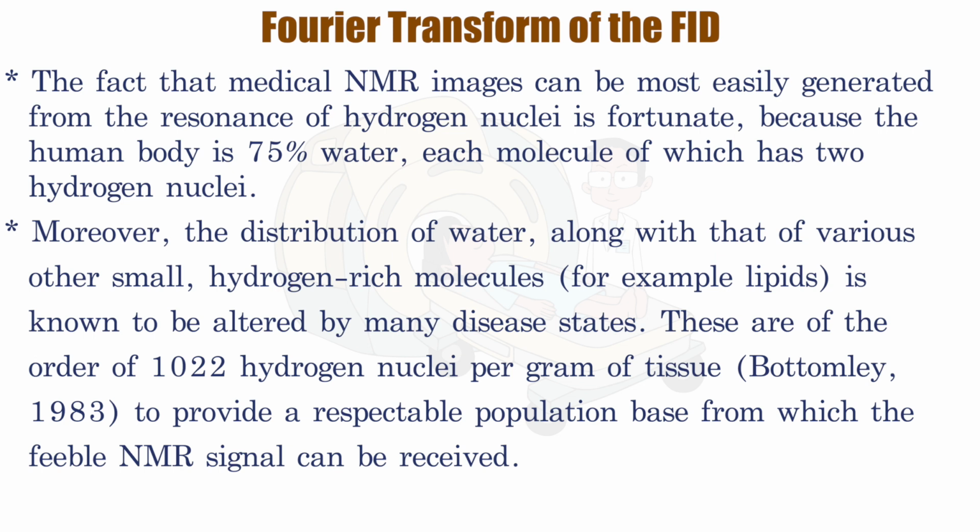Moreover, the distribution of water, along with that of various other small hydrogen-rich molecules, for example lipid, is known to be altered by many disease states. There are of the order of 10 to the power 22 hydrogen nuclei per gram of tissue, providing a respectable population base from which the feeble NMR signal can be received.